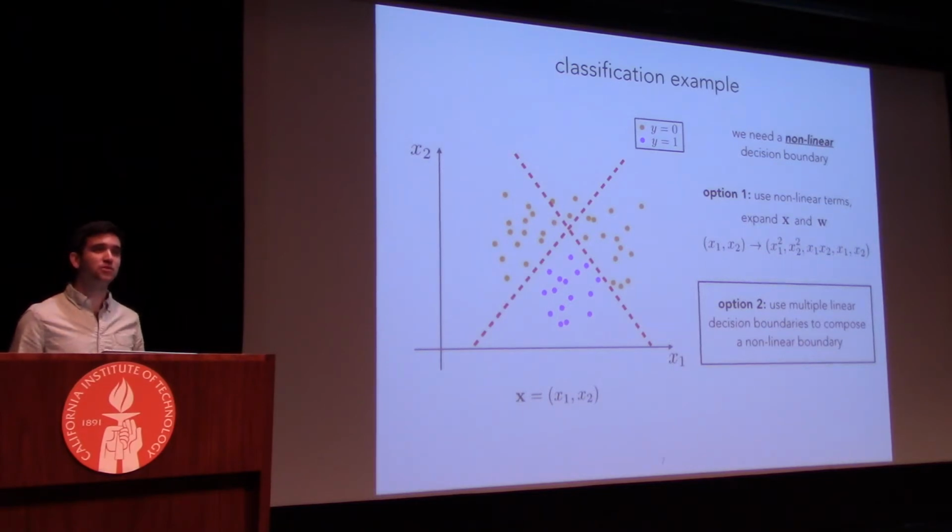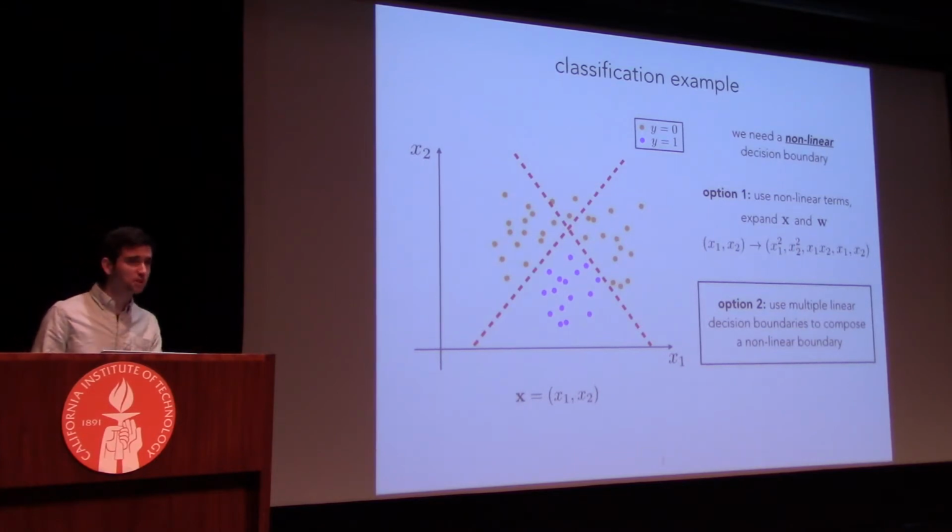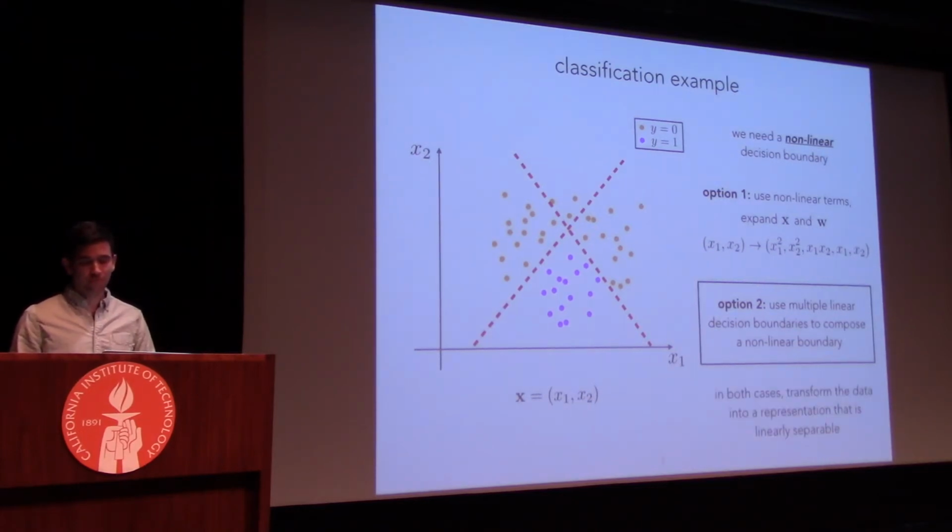All I have to do is form one line to cut the points in one place, form another line to cut the points in another place, and then decide, based on both of these lines, which class I am in. So we're composing multiple linear decision boundaries in order to form a nonlinear decision boundary. And in both cases, we're trying to get to a space in which the data is linearly separable. That's ultimately what we're after: linear separability.